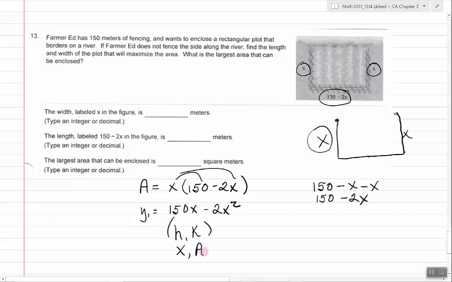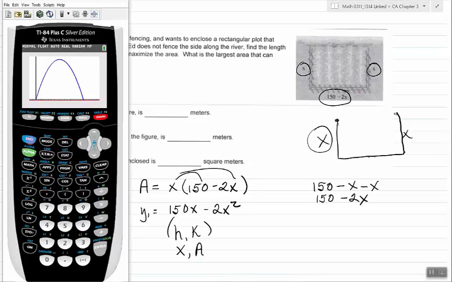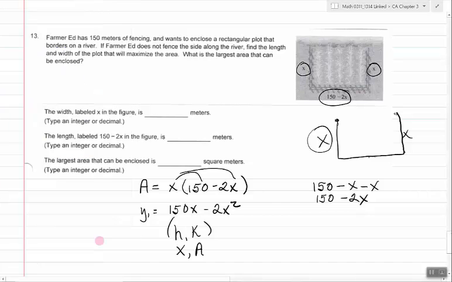All right, so let's go back to the grapher and do second calc maximum. Get to the left. Enter. Go to the right. Enter. Enter. All right, looks like it is 37.5, and so let's do the ordered pair.